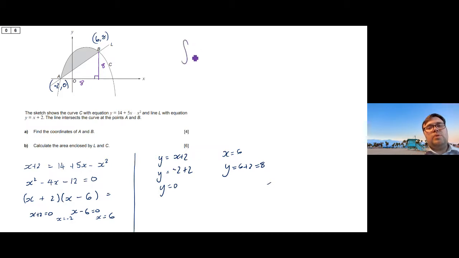We would integrate the curve 14 plus 5x minus x squared dx between the limits of minus 2 and 6. Once we work out the answer to that, we would minus the area of the triangle, which is a half base times height. The height is 8 and the base is 8 as well, so that is 32.